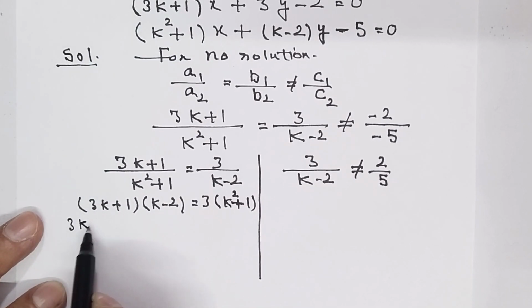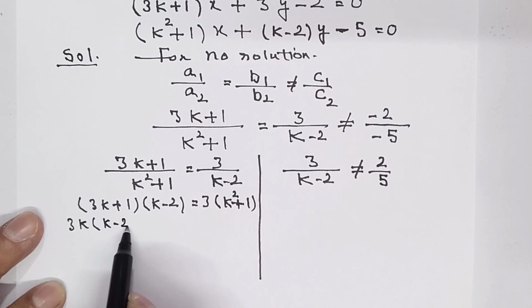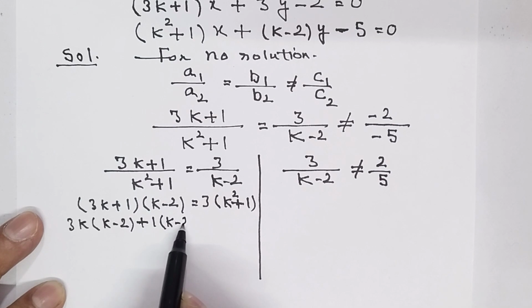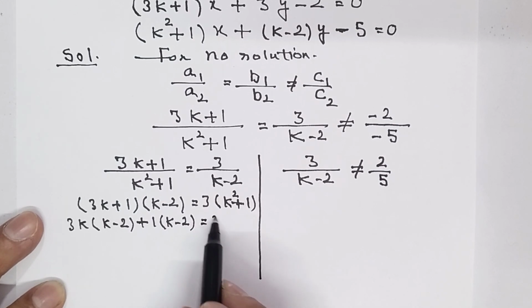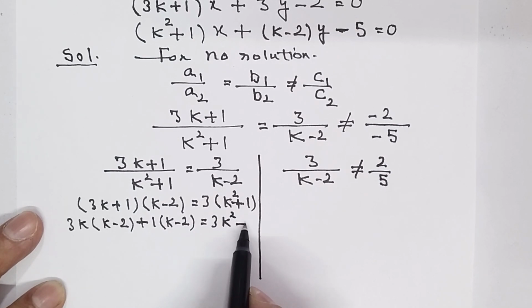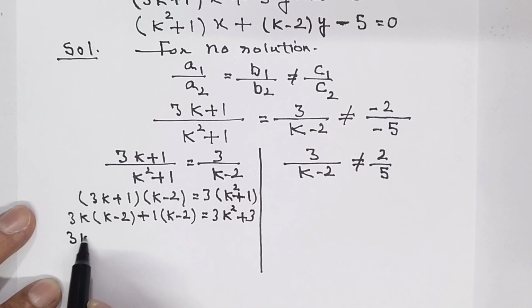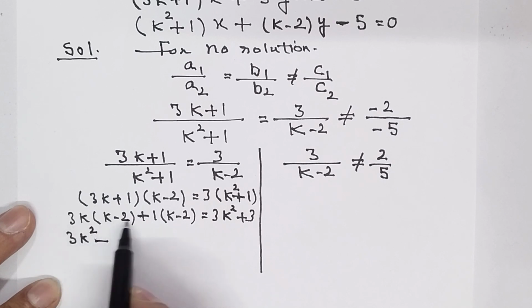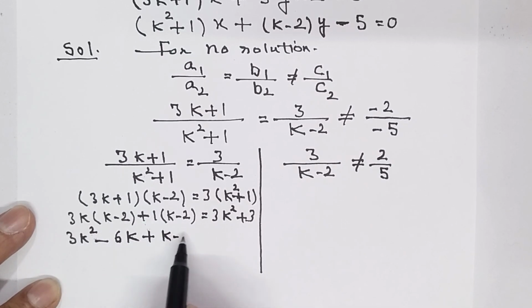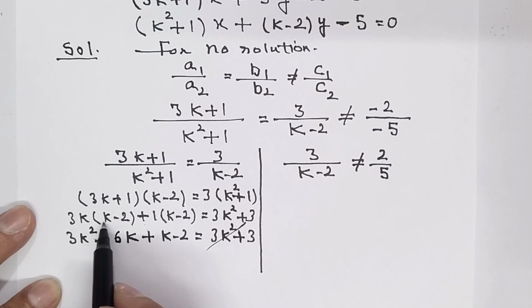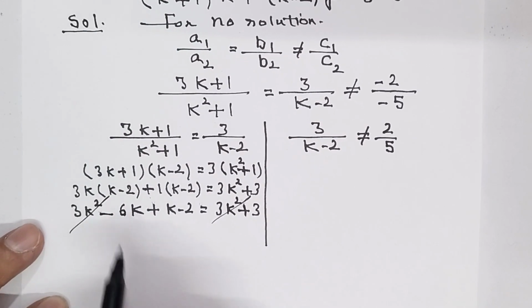3k will multiply k minus 2, plus 1 will multiply k minus 2, is equal to 3k square plus 3 ones are 3. Further, 3k into k is 3k square, minus 3k into 2 is 6k, plus k minus 2 is equal to 3k square plus 3. 3k square and 3k square will be cancelled out.